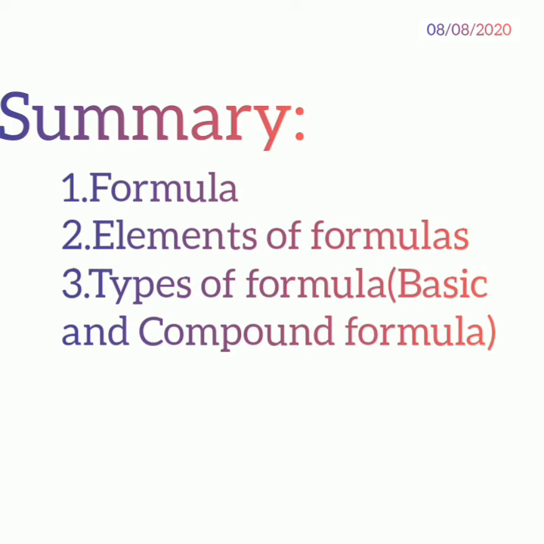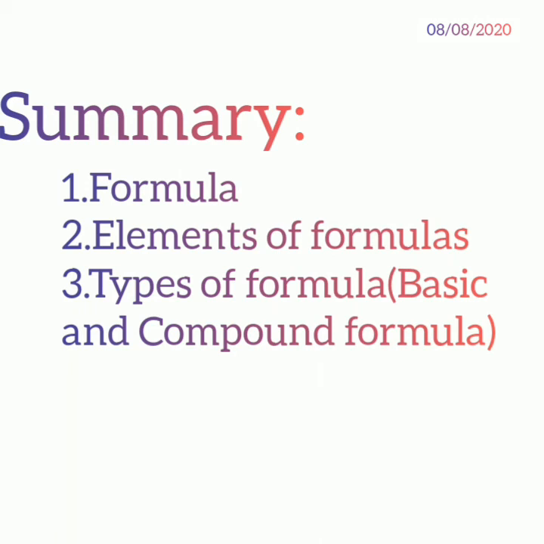Now let us summarize whatever we have learned today. At first we learned about formulas. A formula is an expression that can include cell addresses, numbers, arithmetic operators and parentheses, followed by the equal symbol.